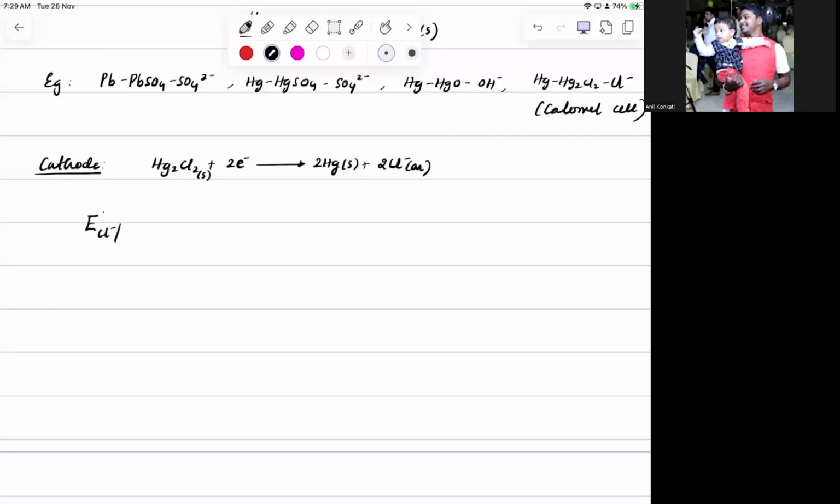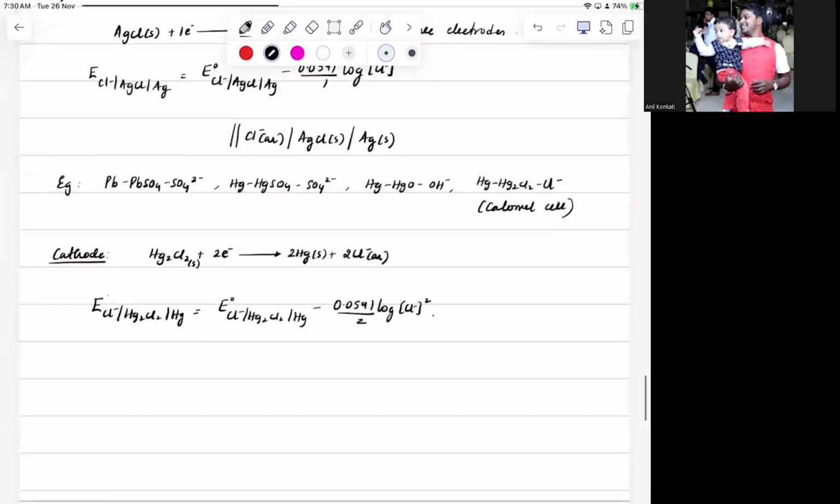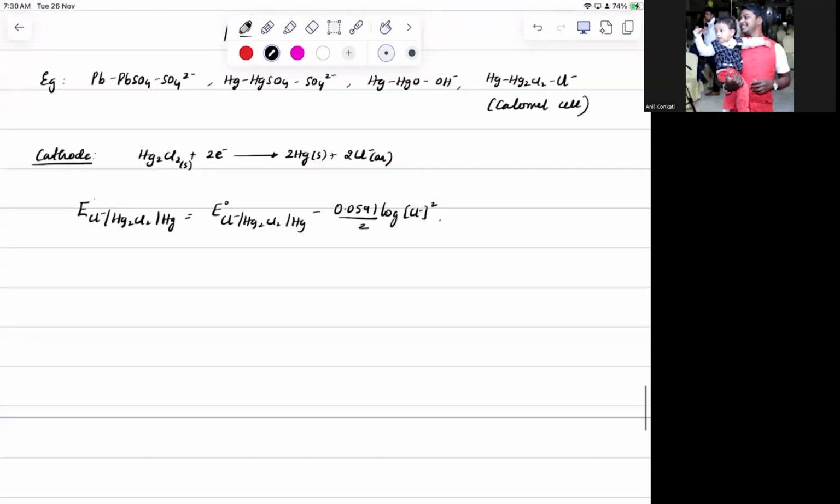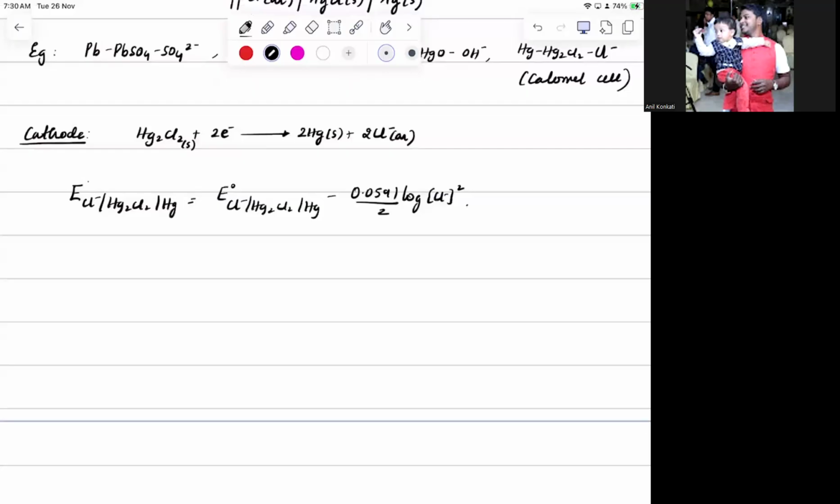E of Cl minus to Hg2Cl2 to Hg is equal to E naught of Cl minus to Hg2Cl2 to Hg minus 0.0591 by 2 log of Cl minus whole square. So this is the way you represent the cathode. Since you know how to represent the cathode, you can always write the same thing for the anode as well.